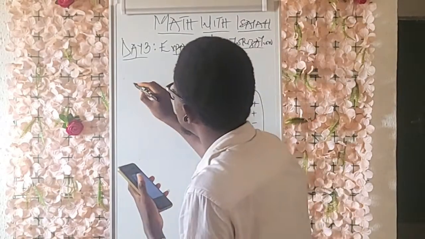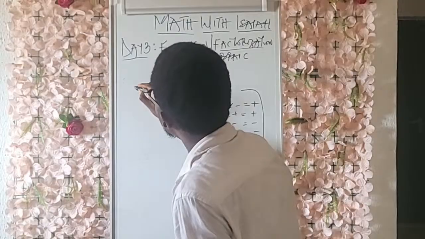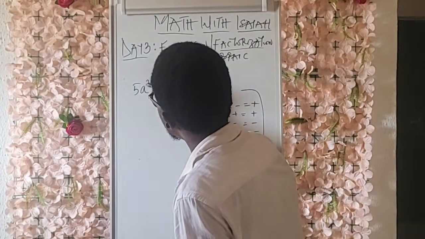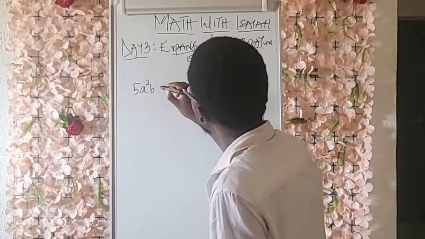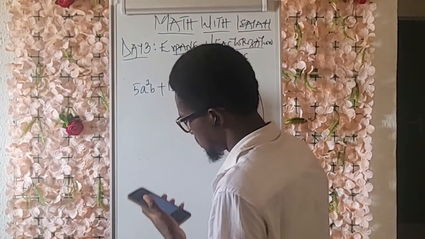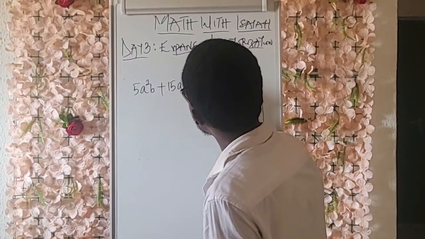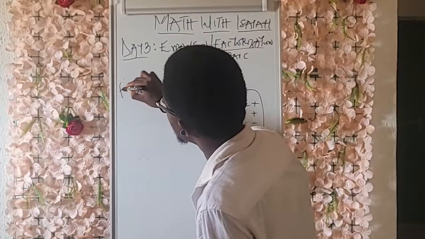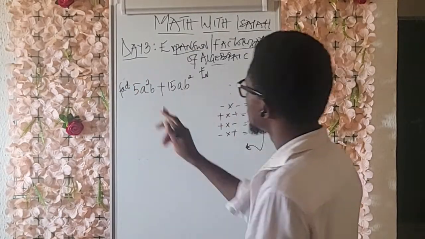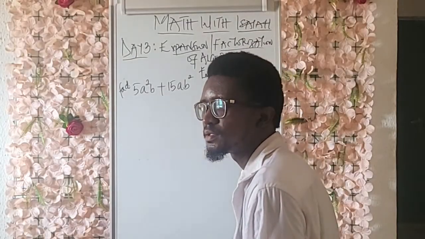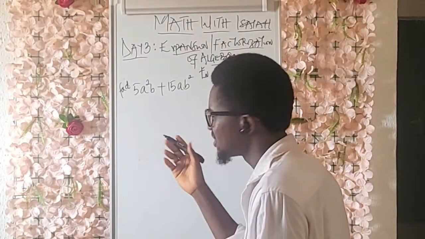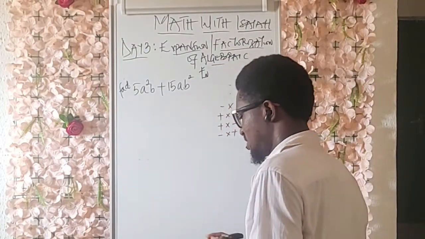I found a sweet question. 5a squared b plus 15ab squared. Now they said factorize this. 5a squared b plus 15ab squared. How are we supposed to factorize this?